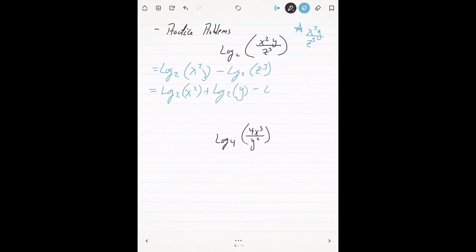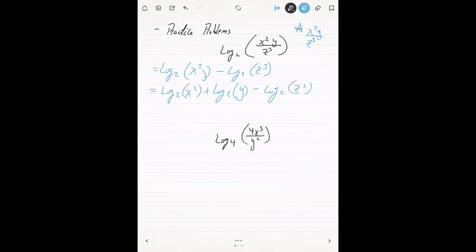And then we still have minus log base 2 of z cubed, okay? What this has done now is it's separated each individual variable. Now, I should say to myself, could I go any further, okay? I've used the product and the quotient properties to really separate this so I have each variable as an argument.